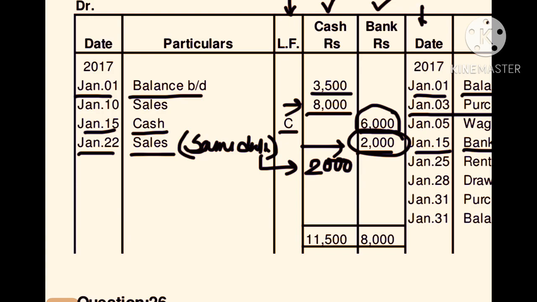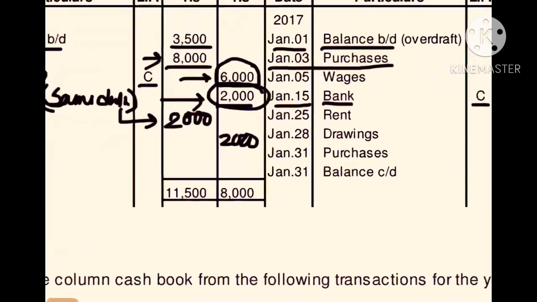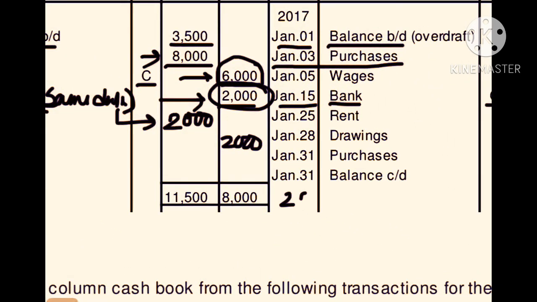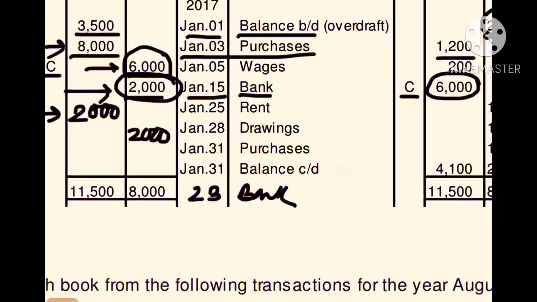And on the next future date, suppose the 23rd, when you deposit the same check into the bank, you have to do a contra entry, the same as we did when depositing money. So it will be cash, and the amount will be put into the bank; and on the same date, the 23rd, it will be bank, and the amount will be put into the cash column.